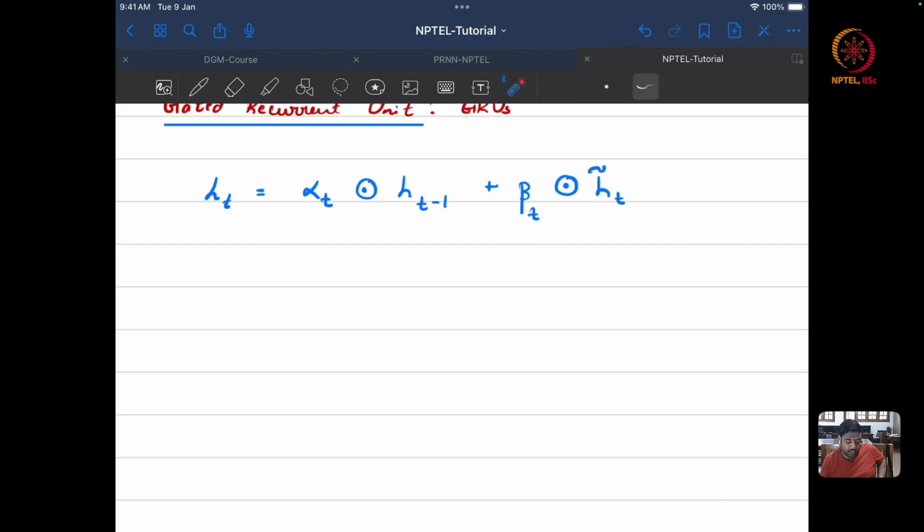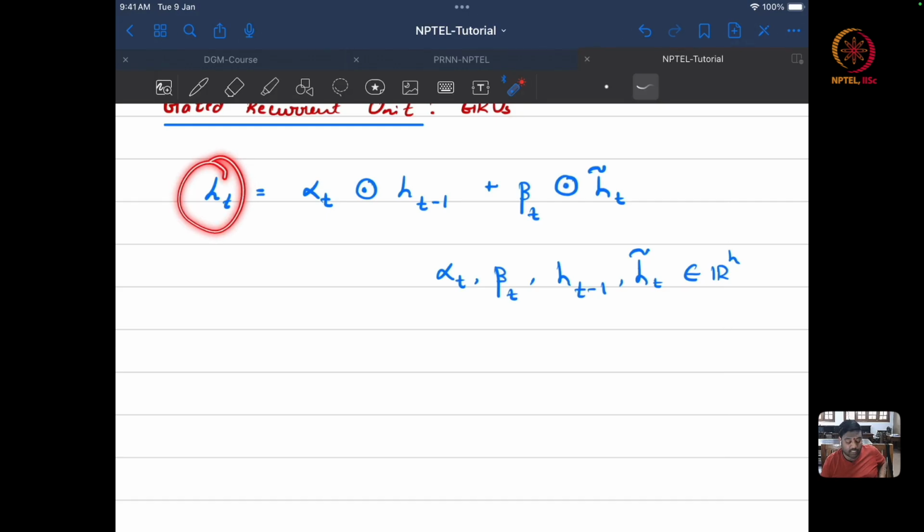See, now you're taking a Hadamard product, that is element-wise multiplication when you have vectors. So all of them should be of the same shape. That means alpha_t, beta_t, h_(t-1), h_t tilde all belong to R^H, correct? Which matches the shape that is needed.